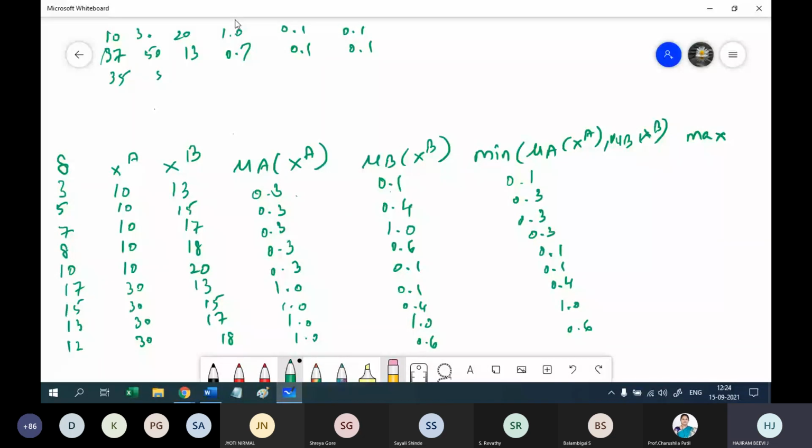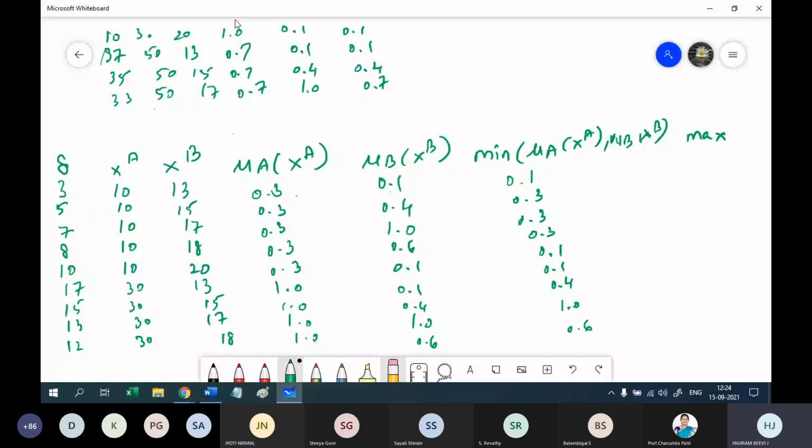So 0.7 and 0.4, the minimum is 0.4. Then 33, which means 50 and 17. The 50 value is 0.7, the 17 value is 1.0. The minimum is 0.7.